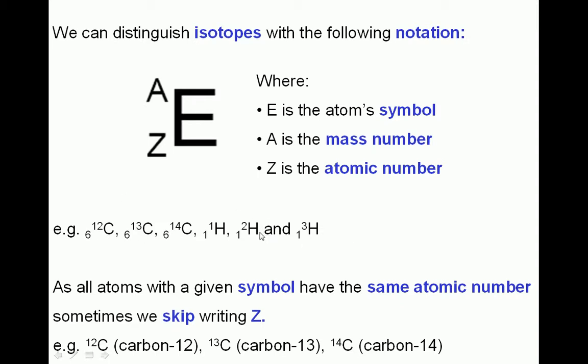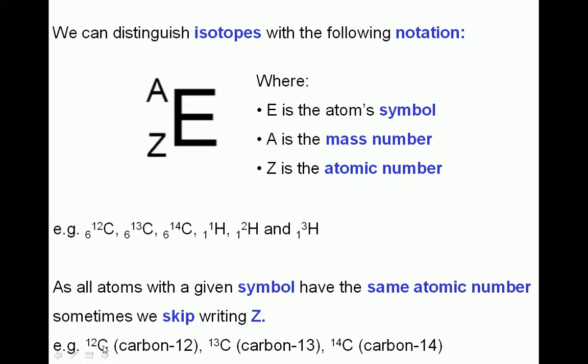Now, as every atom of carbon will always have 6 protons, that's what makes it carbon, and every atom of hydrogen will always have 1 proton, that's what makes it hydrogen, there really isn't any need to write both the atomic number and the symbol. So what people will often do is skip writing the atomic number, because that's identified by the symbol. So we'll drop the subscript number here, and then we will write it like so.